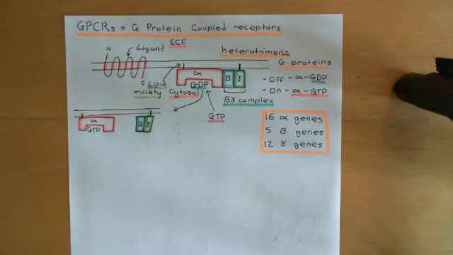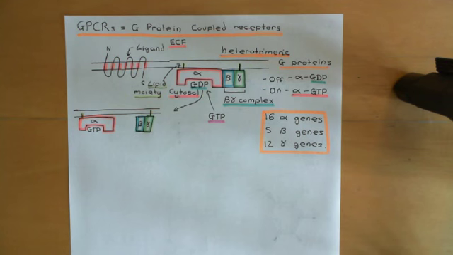Beta-gamma complexes seem to do the same thing no matter what beta and what gamma subunits you have. So that's another reason that people don't generally fuss about which beta and which gamma subunit you have in your heterotrimeric G protein. Whereas which alpha subunit you have hugely affects what the signaling properties of that alpha subunit are. So that's the activation of heterotrimeric G proteins by G protein coupled receptors.